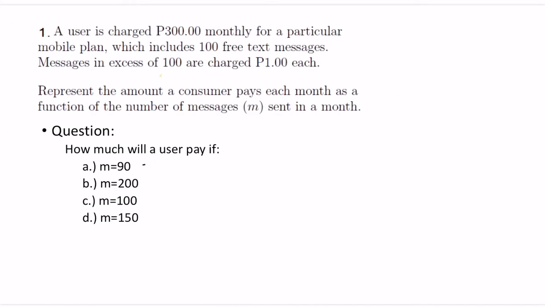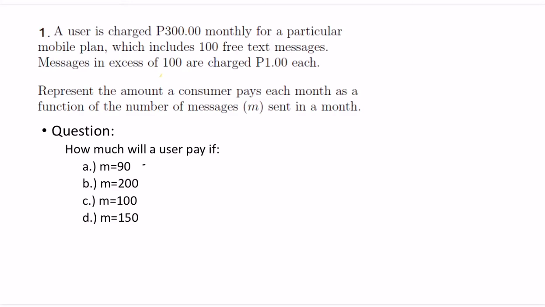Okay, let's have this real-life application. So a user is charged 300 pesos monthly for a particular mobile plan, which includes 100 free text messages. Messages in excess of 100 are charged 1 peso each. So represent the amount a consumer pays each month as the function of the number of messages sent in a month.